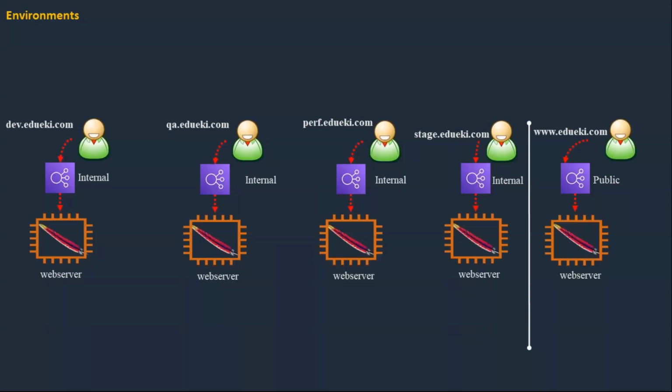The dev team uses their own infrastructure or environment for development. In the same way QA, perf, and stage, the code is promoted from one environment to another. Can I use the terminology promotion here? Definitely. The code is promoted from dev to QA to perf to stage, then to production. That's my final stage.